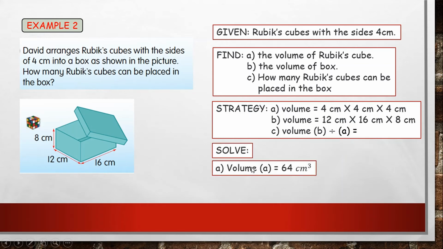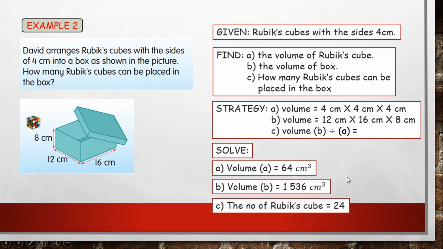Now we got the answer. For A, volume, you got 64 centimeter cubic. For B, 1536 centimeter cubic. And for C, the number of Rubik's Cubes is 24. 24 pieces because B divided by A. Now, how to check?